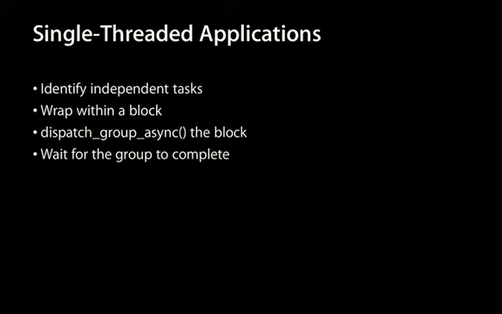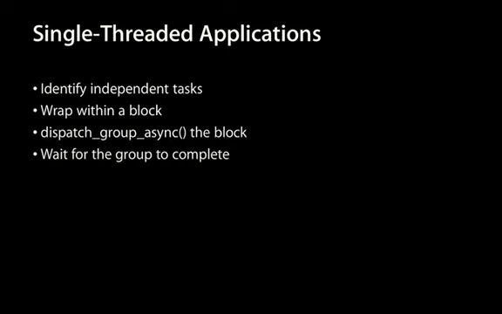And we've provided an API, dispatch group async, which lets you fire off multiple blocks to any number of queues that you want, and then wait for them to all finish. And if you're coming from a single-threaded application, this is really convenient because a lot of times a single-threaded application is going to make the assumption that it has the results from all the previous operations ready to proceed in the next step.